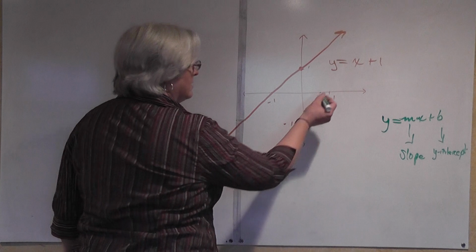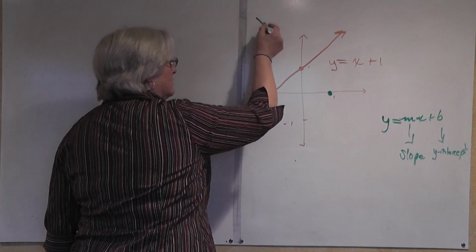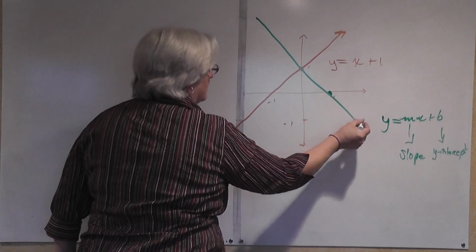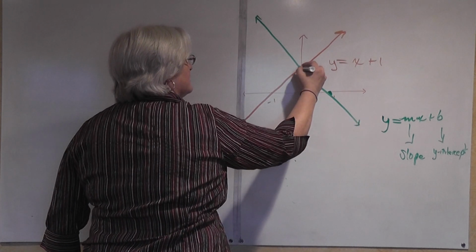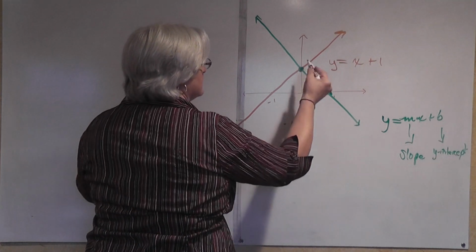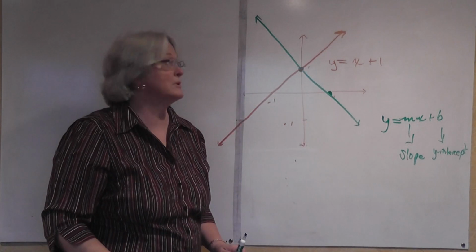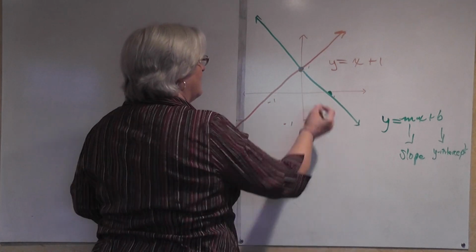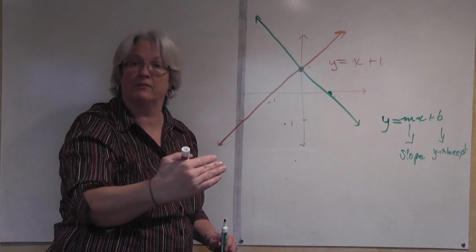Now let's say that we have a line that looks like this. If you were able to distinguish here, you would see that this has exactly the same y-intercept. It's a +1. However, the line is trending downward as you move left to right.